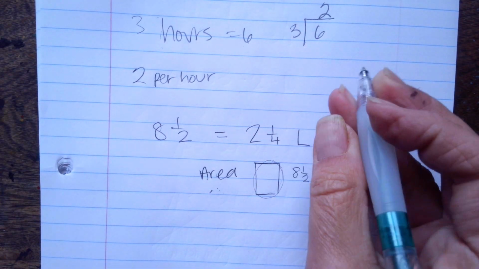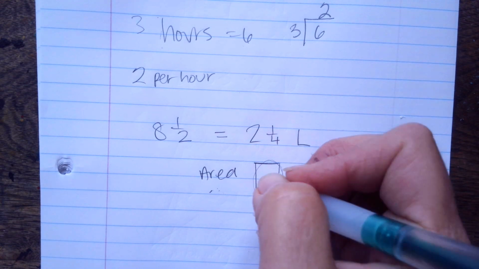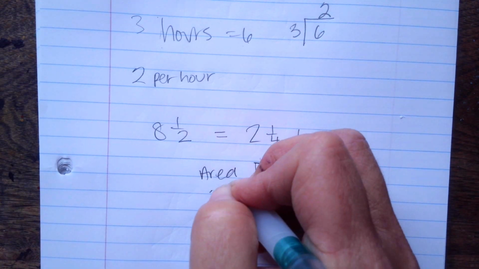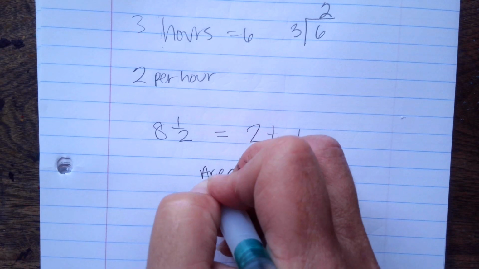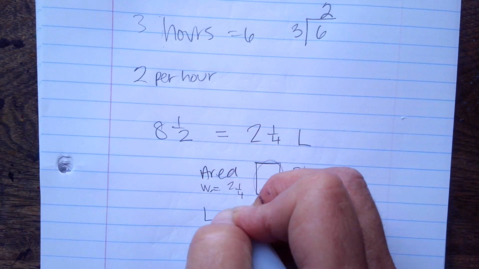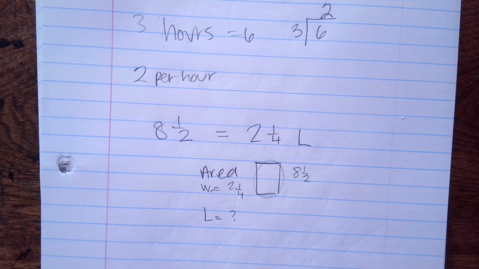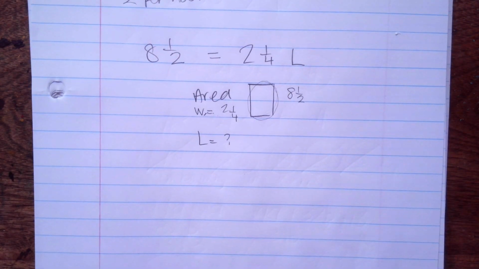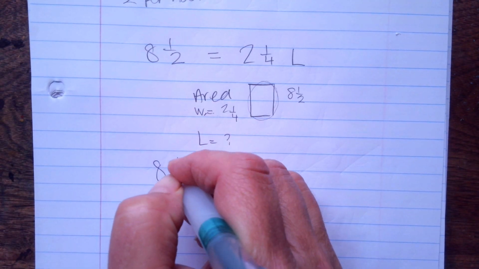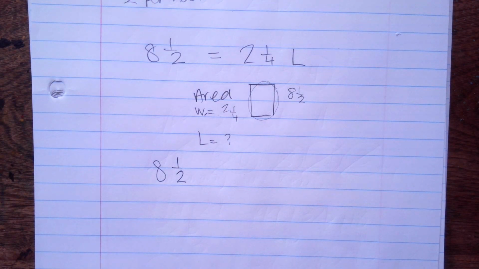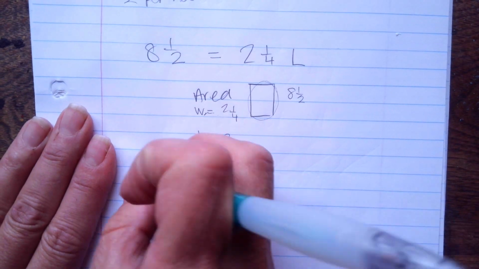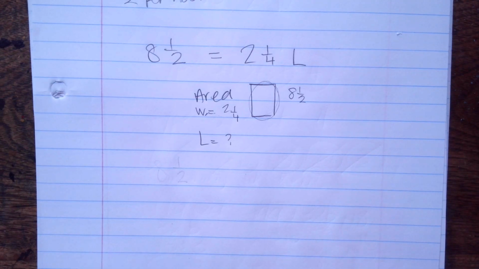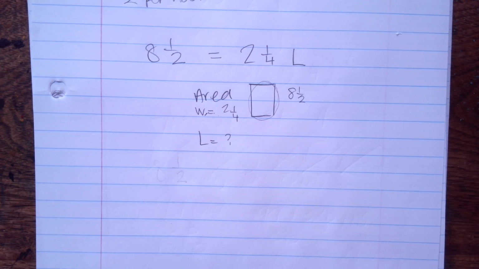And they're saying the width is 2 1/4, and the length is unknown. So we don't know what the length is. How would we set that equation up? You would do 8.5 minus 2 1/4. No. So, how do we figure out what area of a rectangle is? I didn't get area.